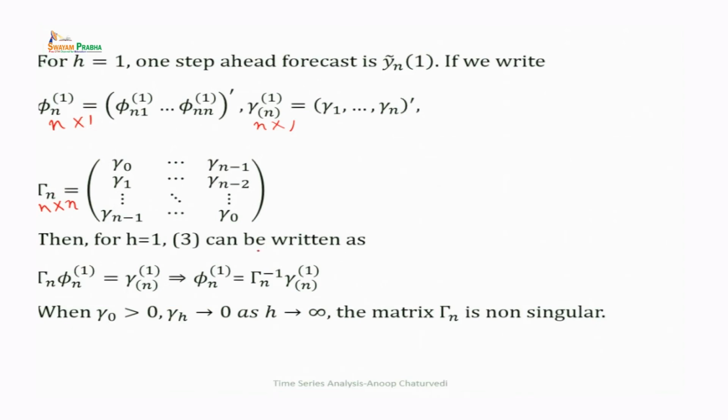Then for h equal to 1, you can write this equation 3 in matrix notations. You can write all the equations in 3 as gamma n phi n 1 equal to gamma n 1.